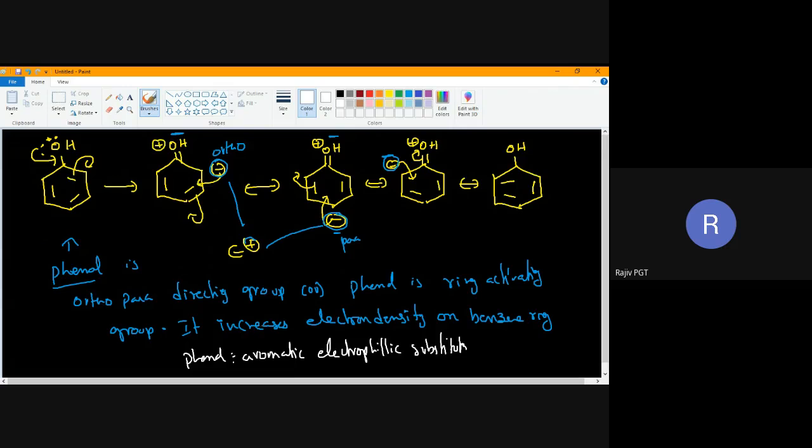The first one is nitration. Then we'll study halogenation. Then two other reactions are there: Kolbe reaction and Reimer-Tiemann reaction. So this is the topic I want to discuss for today.